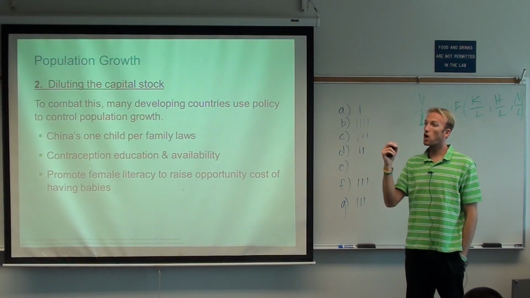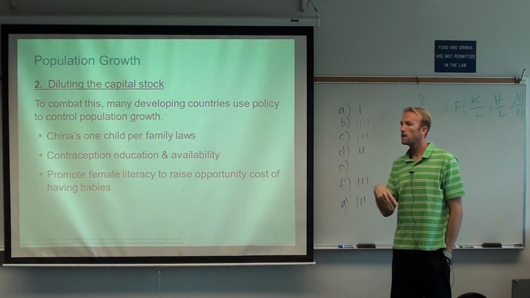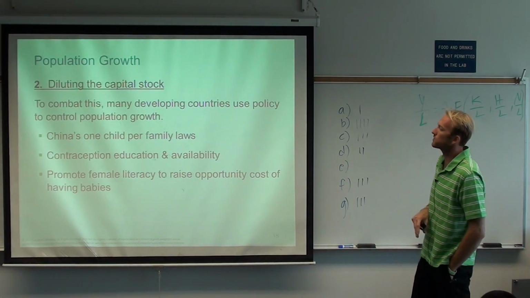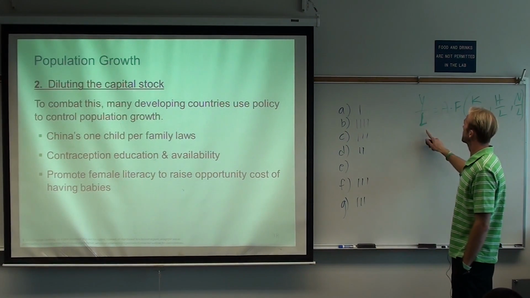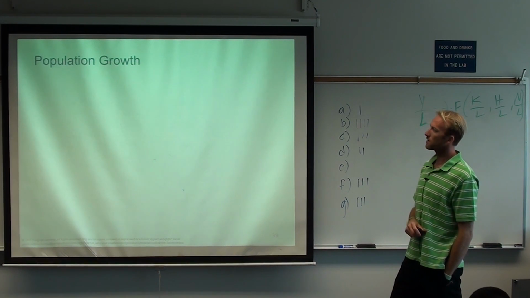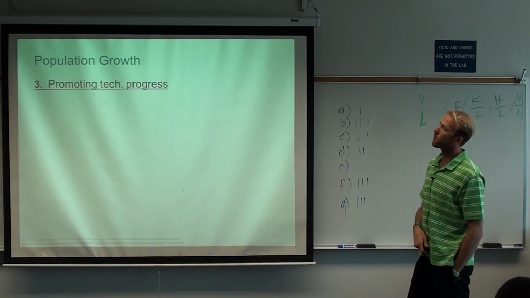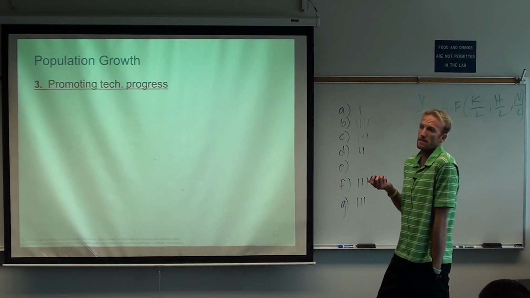So as babies start costing more, people buy less of them, quote buy. People have fewer children, and then that is one of the ways that we can make Y over L increase, okay? But, of course, when you have more population, you have more minds that can think, right?